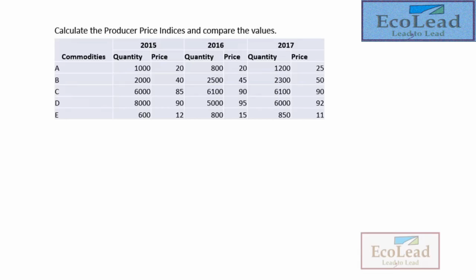Popular producer price indices are last year's price index that we denote by LPI, the purchase price index that we denote by PPI, and the Fisher's price index that we denote by FPI. Now here the word is indices.